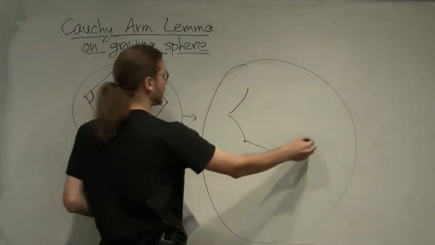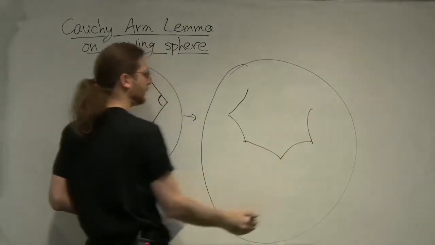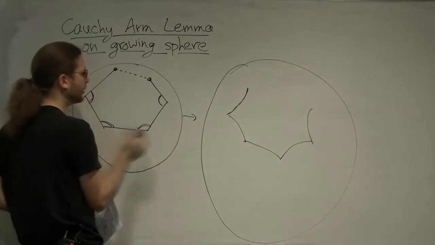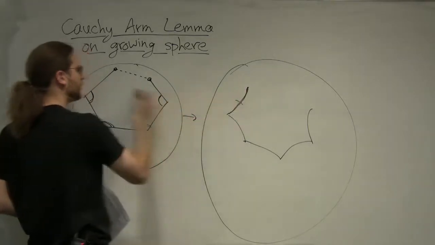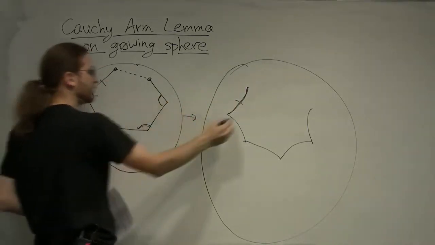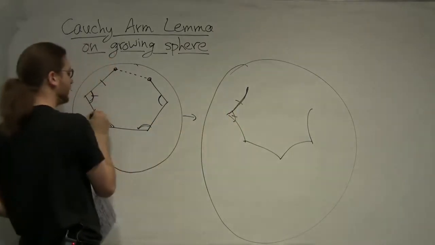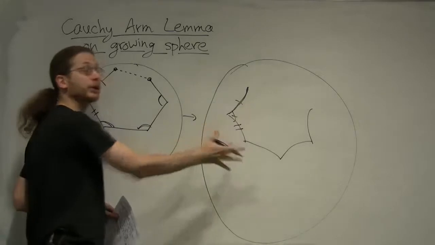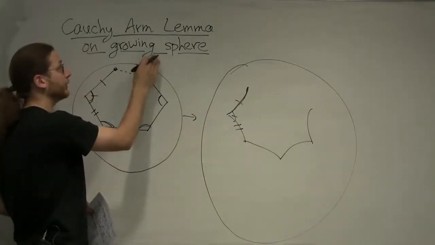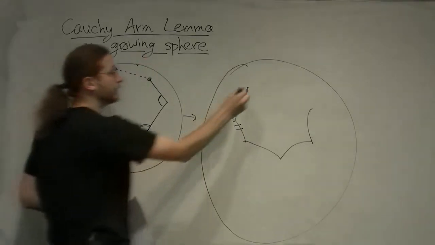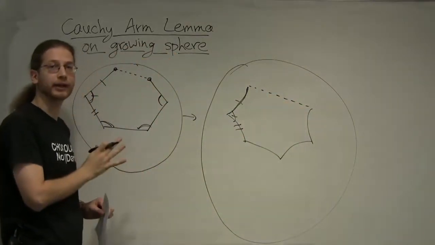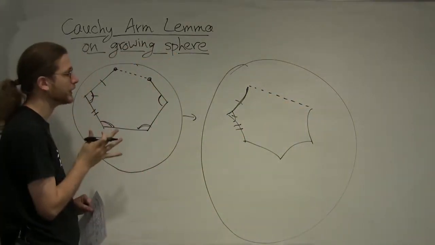Here I'll draw it a little bit curved because in reality these edges are great circular arcs. So this edge length matches this length, this angle matches this angle, this edge length matches this edge length, and so on. But I draw it on a bigger sphere. Then this theorem says that the distance between the endpoints will increase, also in that case. So that's kind of neat.